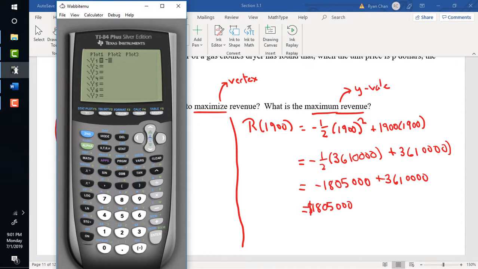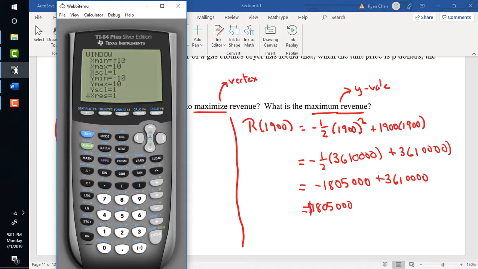So it was negative 0.5x squared plus 1900x. Okay. Now I'm going to graph this. Now the thing is, obviously if I graph this here, I can clearly see that it's not going to fit on my screen. So I have to go to my window, and I'm going to have to manipulate this around.